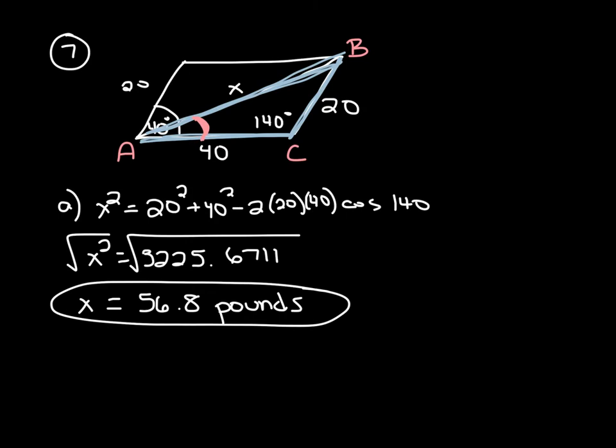I usually find law of sines a little shorter when you're looking for an angle, so I'm going to use law of sines. I'm going to say a over sine of A equals this side that we just found right here over sine of the angle across from it. So c over sine of C. All right, I'm going to do that up here. So part B, we're going to do a over sine of A equals c over sine of C.